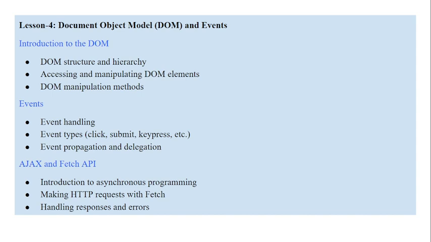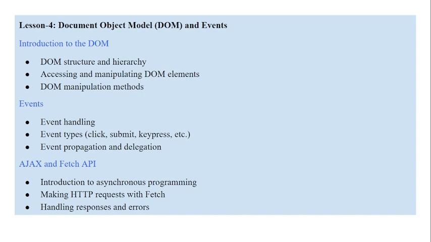Fetch API is very important to do the CRUD operations. You know very well, CRUD: creating, reading, updating, and deleting data. In the CRUD operations we are using the APIs. In JavaScript we are using Fetch API and Ajax. We will discuss it in the later classes.